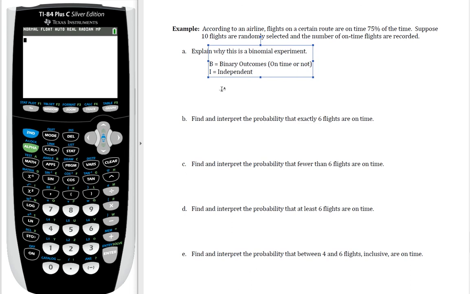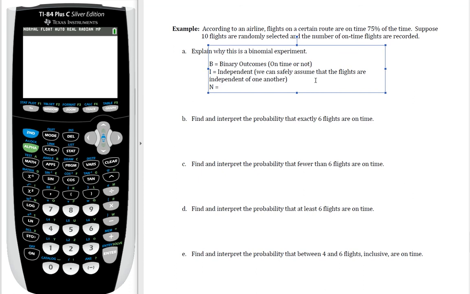However, we can say that we can safely assume the flights are independent of one another. We're not exactly sure, but it's likely that these flights aren't really influencing each other too much. That's usually the one that we have to be a little hand-wavy about.